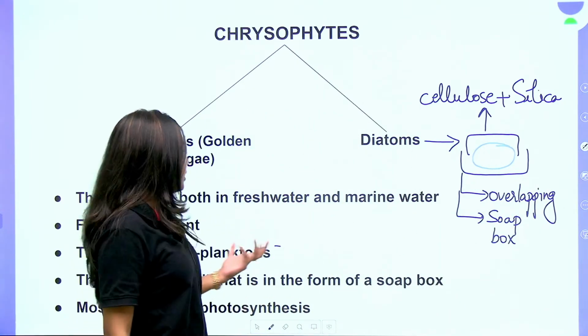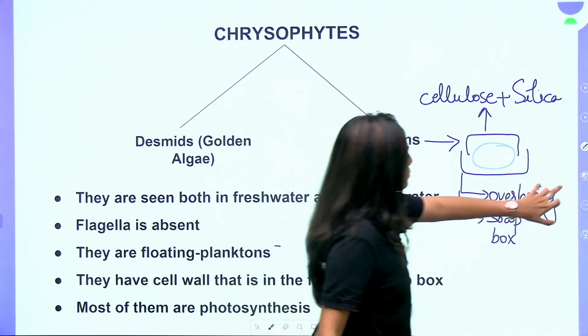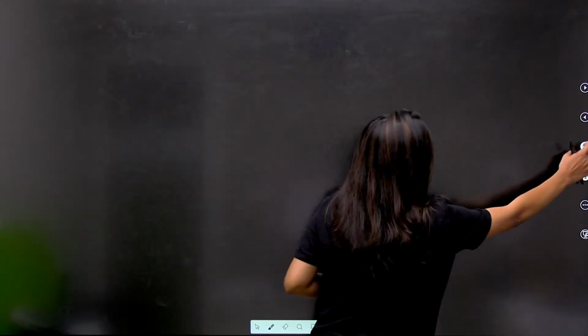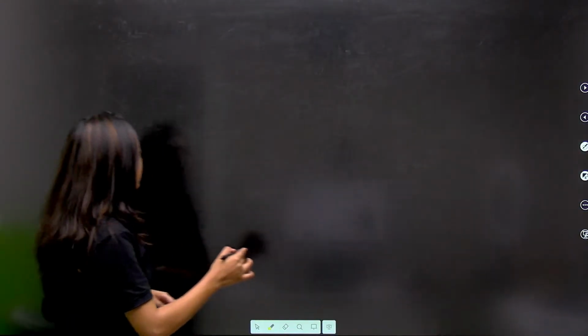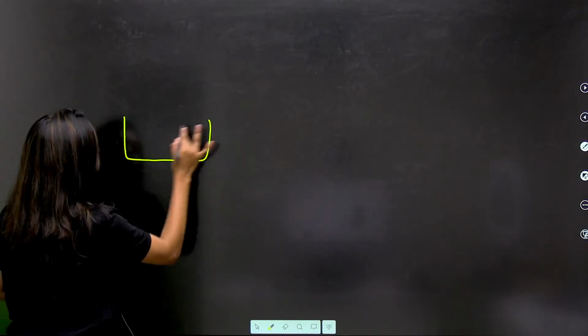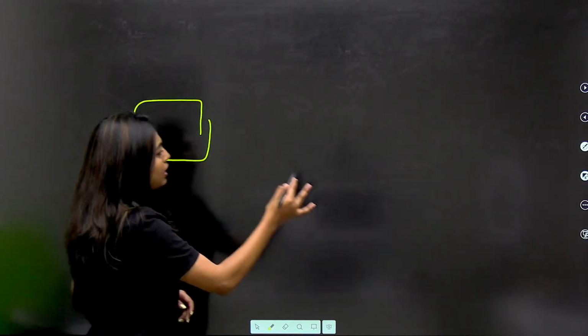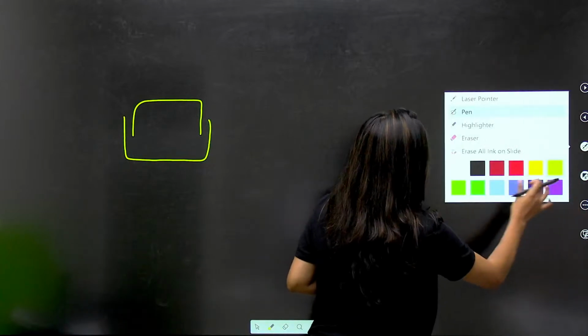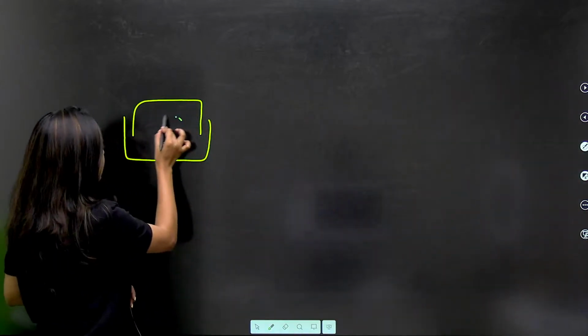Now, what is going to happen? Now, look here. This is your soap box structure. I am drawing it big enough, right? We have our plasma membrane inside this.